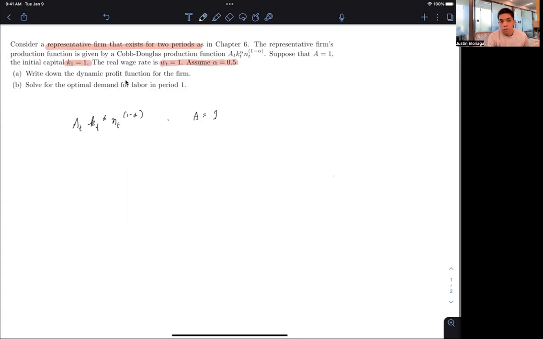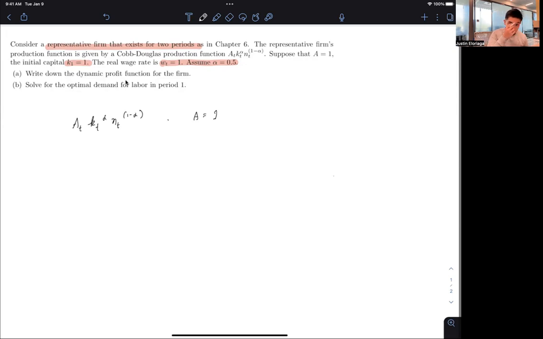So let's first solve for the dynamic profit function of the firm. Actually, I'm not really going to solve it, but write it down. It basically looks like a normal profit function: the revenue plus any capital left over, less the cost of obtaining capital and labor, plus the discounted dynamic profit of the next period, wherein you have the wage and the capital.